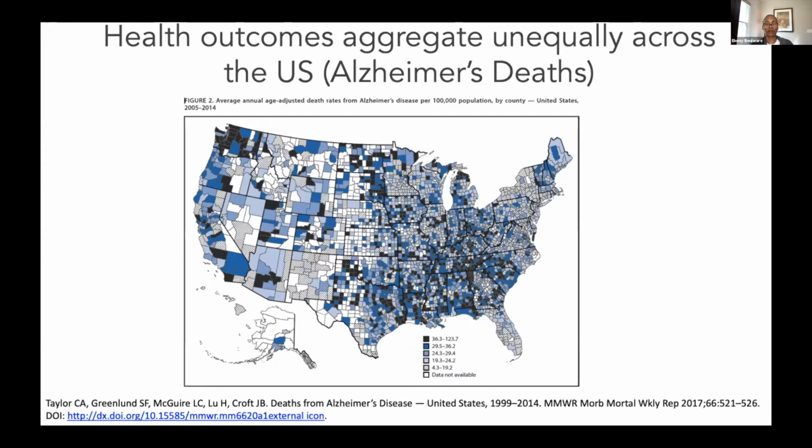When I look at these maps, it's fascinating to me because I work in the area of chronic kidney disease and hypertension and diabetes and don't work in this area for Alzheimer's disease, but it's striking that Alzheimer's deaths have very similar patterns as other chronic conditions which are associated with aging as well, as the prior speaker just said.